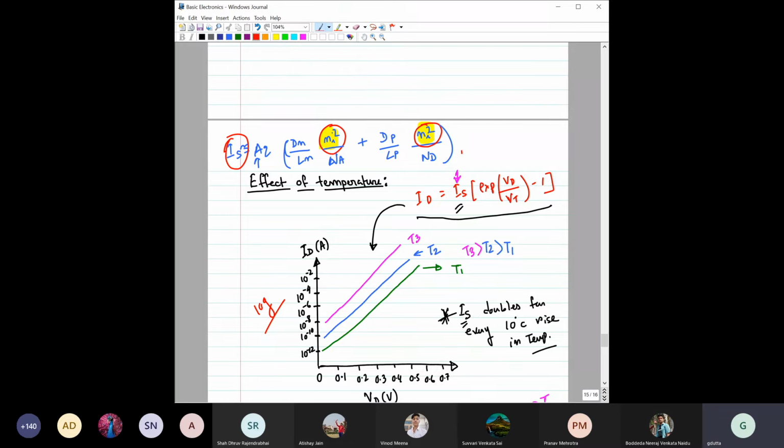So it was Ni equal to b t to the power 3 by 2 into exponential minus Eg by 2 kt, right? Yes, sir. So it is not easy. Is this Ni not exponentially dependent on the temperature?